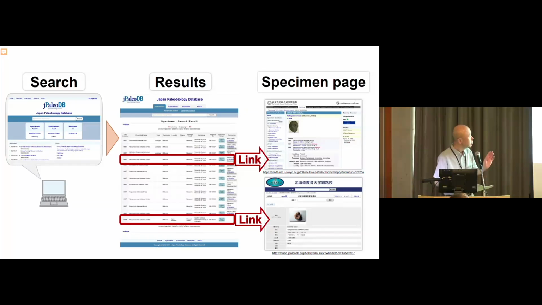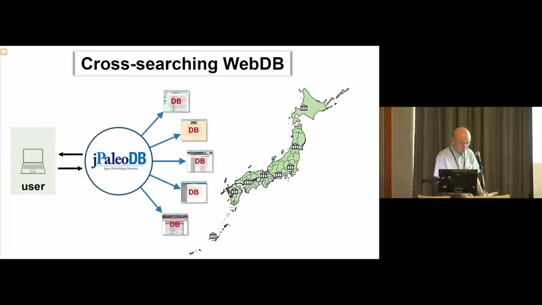Well, very simple system. Cross-searching WebDB, the search result of JPaleoDB links to the museum WebDBs all over Japan. In other words, JPaleoDB enables one-stop search for Japan's paleontological collections.